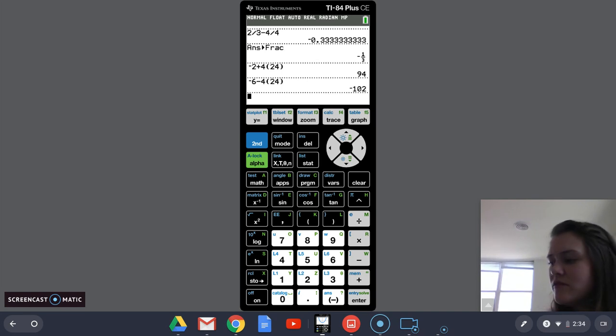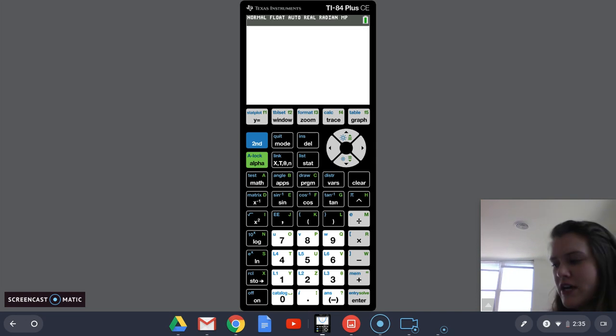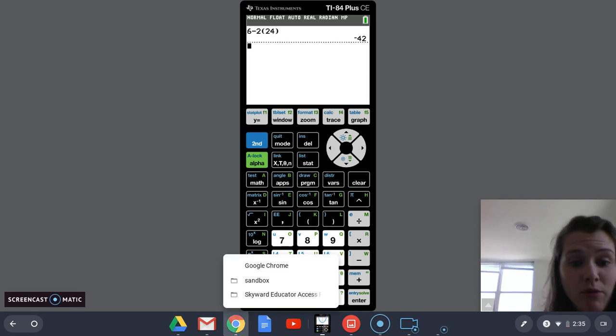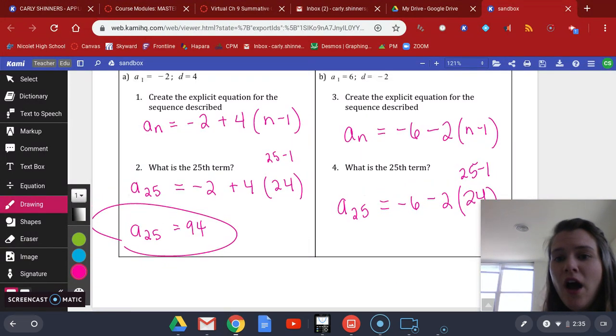Oh. Why did I write negative 6 when it's positive 6? Why didn't anyone correct me? Where are you guys? Just ignore everything I just did. It's 6 minus 2 times 24. Sorry, folks. I'm looking in the wrong spaces here.